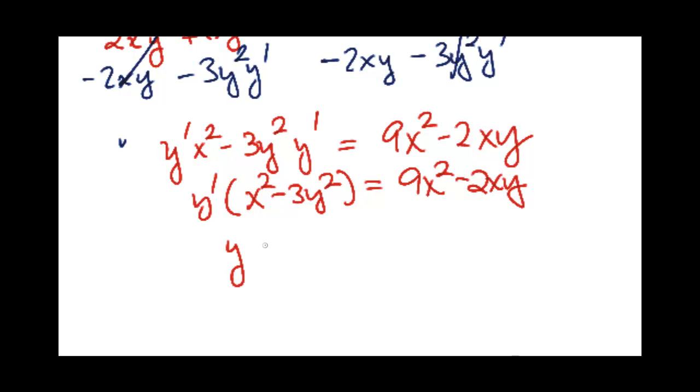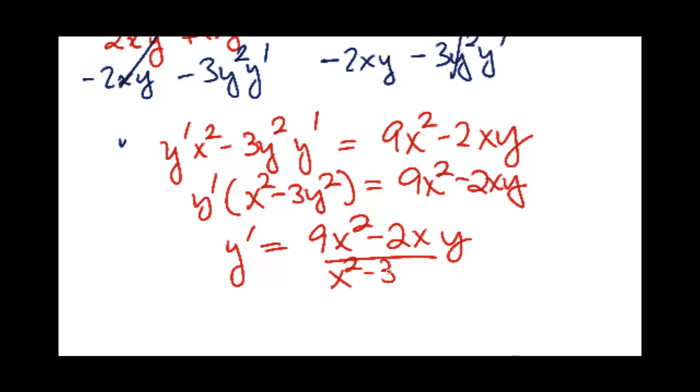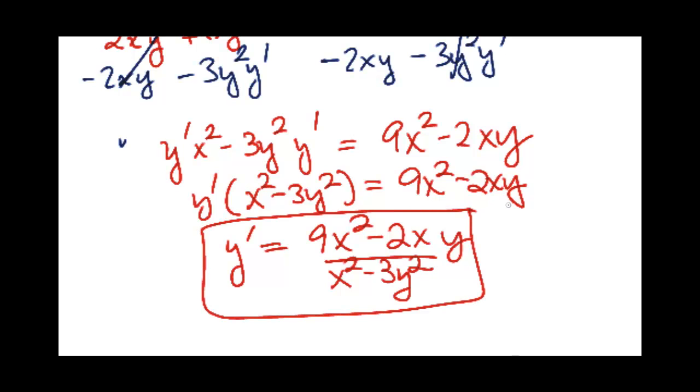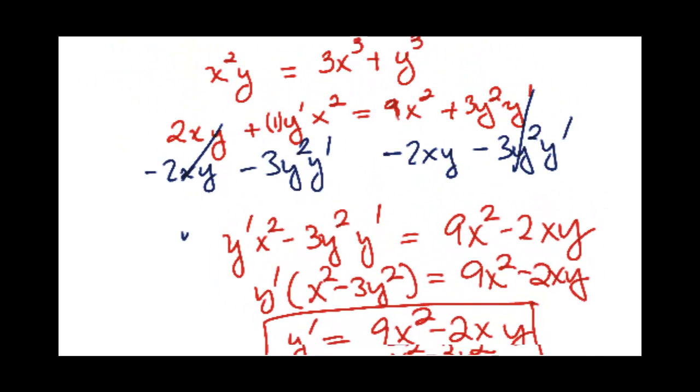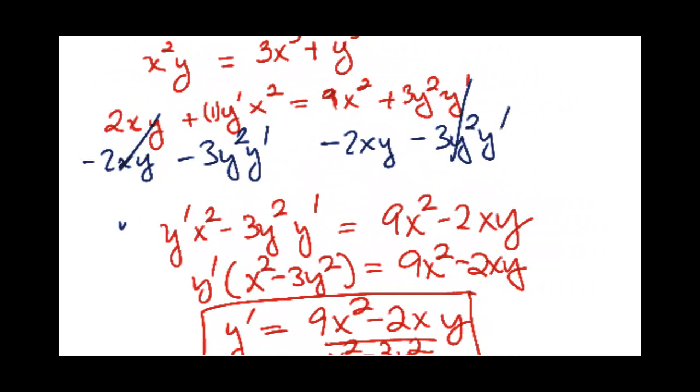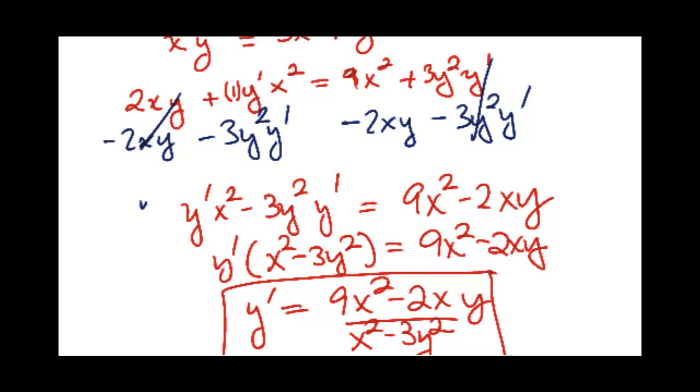Divide both sides, and you get 9x squared minus 2xy over x squared minus 3y squared. So again, always just derive x as usual, and then derive y's and multiply by y prime, get all the y primes on one side, and factor out.